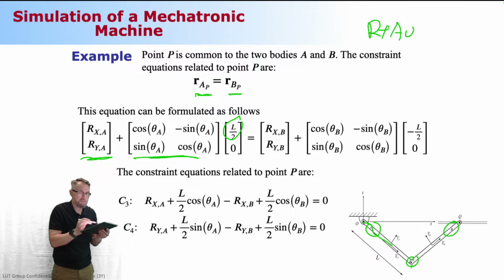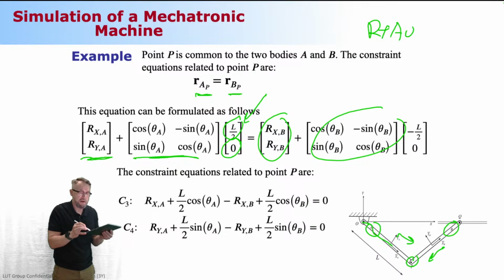Vector U bar has to be, first of all, positive because you're moving along the local Y coordinate axis. This is 0, variable, variable. Here you have to go backwards, that's why it's minus L divided by 2. You do the math, and that's going to be 2 additional constraints.